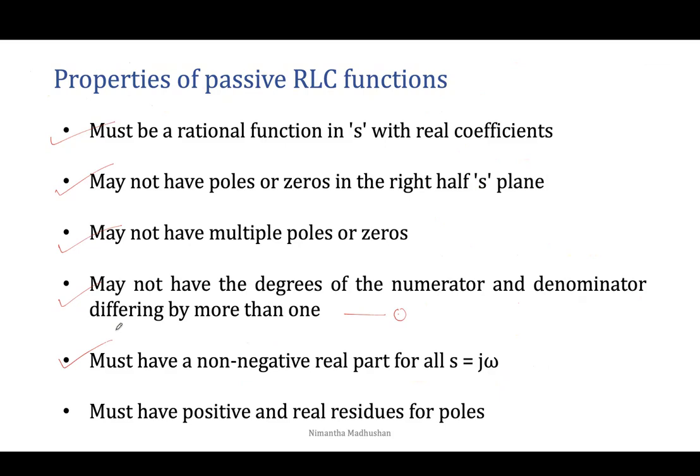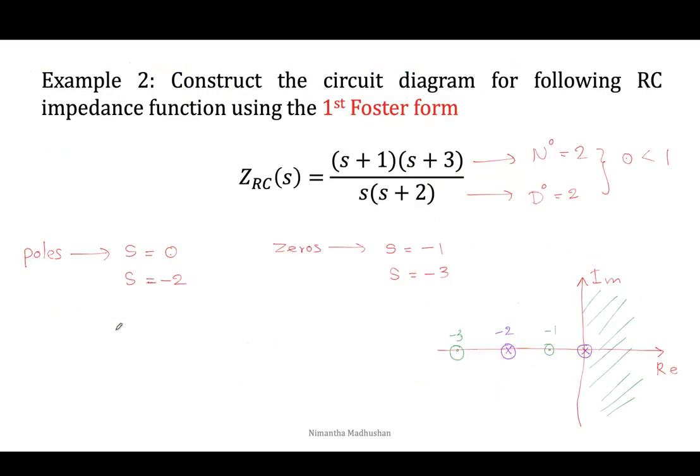And the final one is that it must have a positive and real residue for all poles. For that, we have to do the partial fraction expansion. For the first Foster form, we have to do the partial fraction expansion of this impedance function.